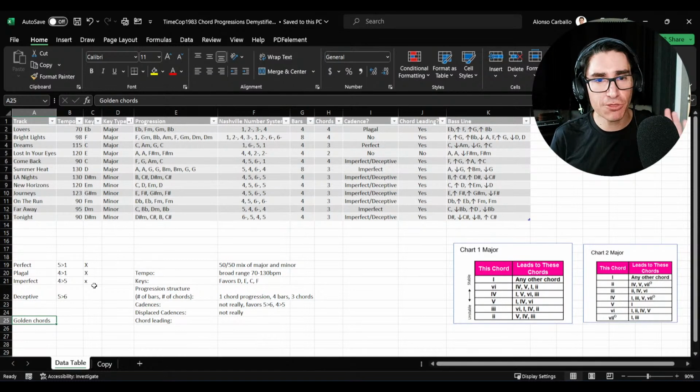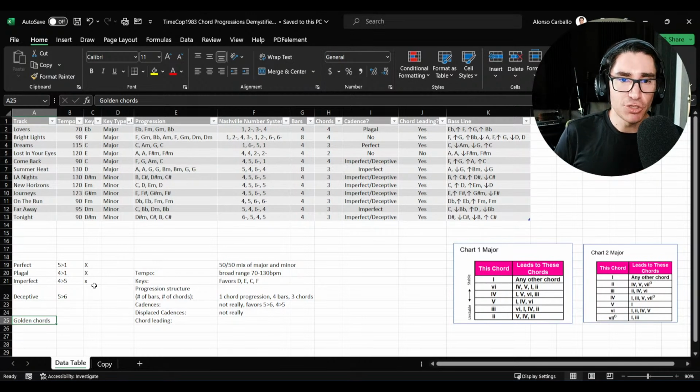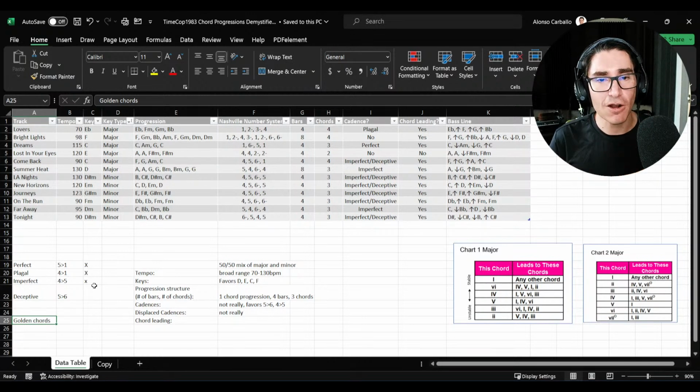So with only those 3 chords, you could harmonize any melody that you can come up with in a major key. Okay? And the 6th chord is the tonic of a relative minor key. It also helps to harmonize almost any melody that you want.